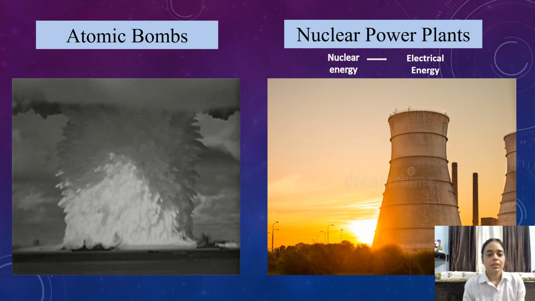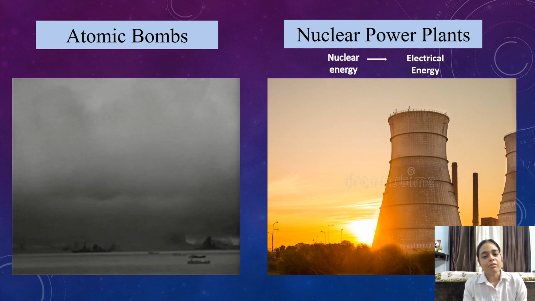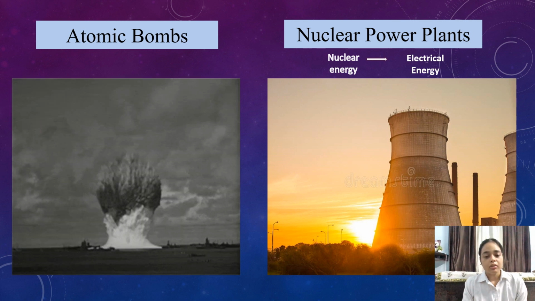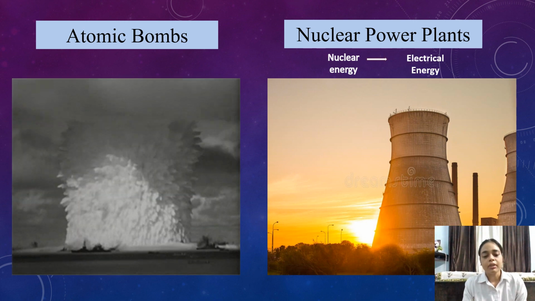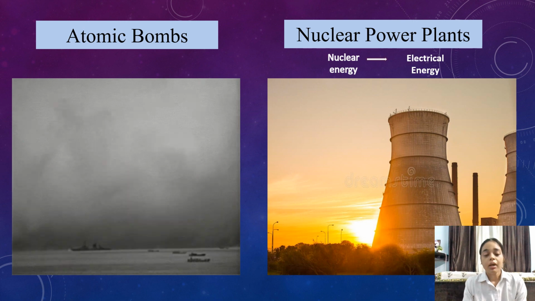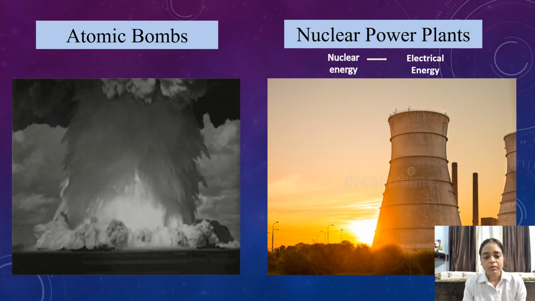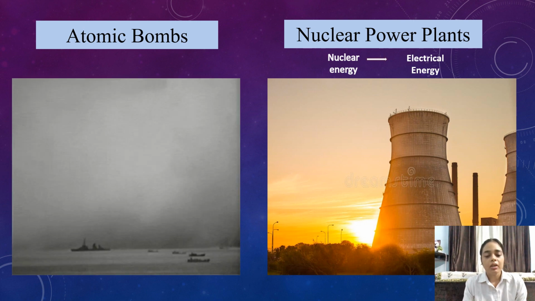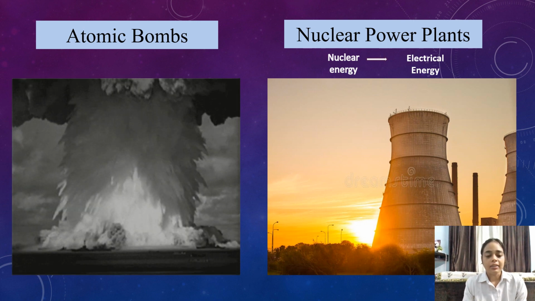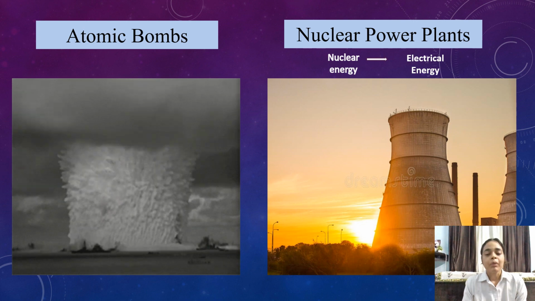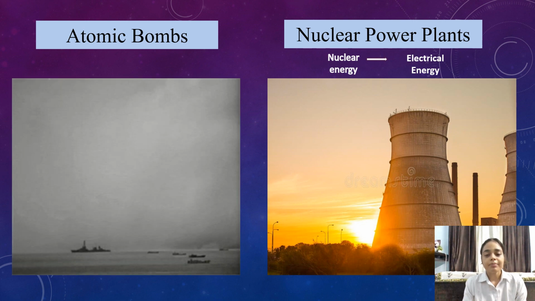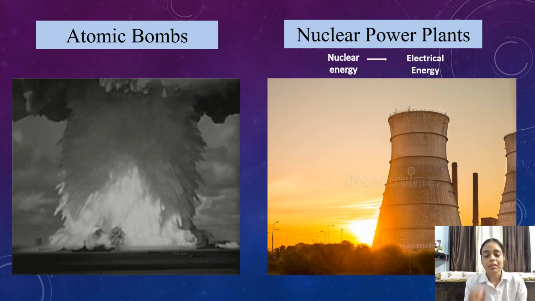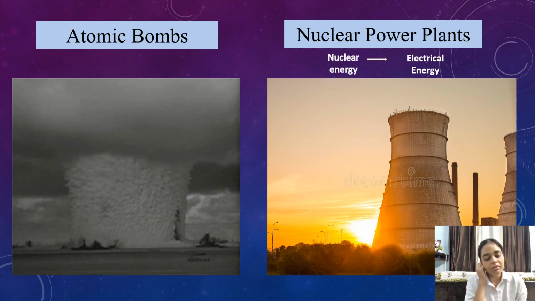So this is an atomic bomb and a nuclear power plant. On both sides we are using a nuclear reaction, but in an atomic bomb we use the nuclear reaction in an uncontrollable manner, which leads to large scale destruction, while in a nuclear power plant, the reaction is in a controllable way.